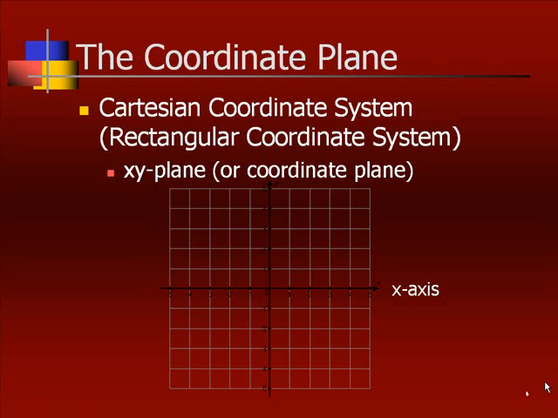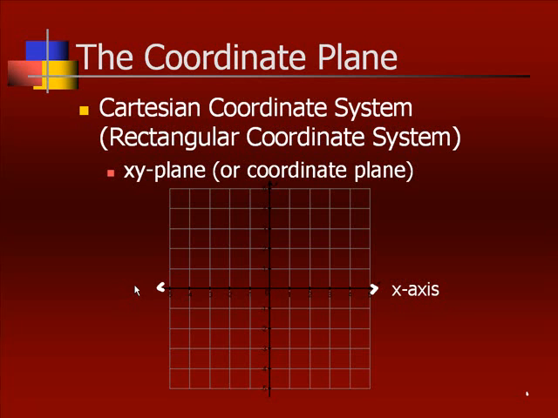It consists of the x-axis, this horizontal line that works just like a number line does. You've got 0 in the middle, you've got 1, 2, 3, all of your positives to the right. You've got -1, -2, all of your negatives back to the left.